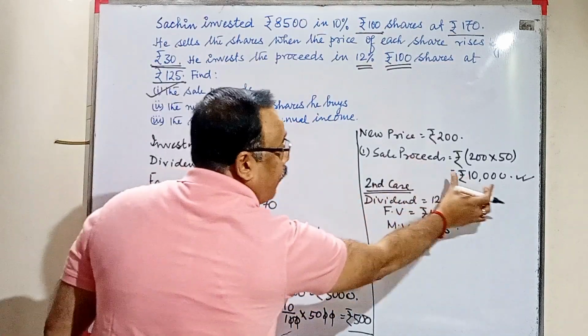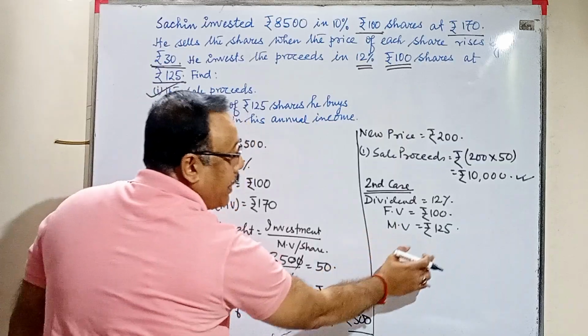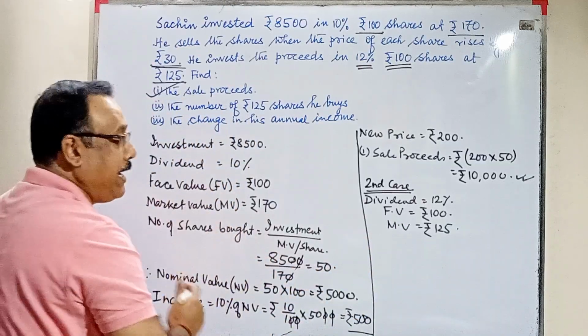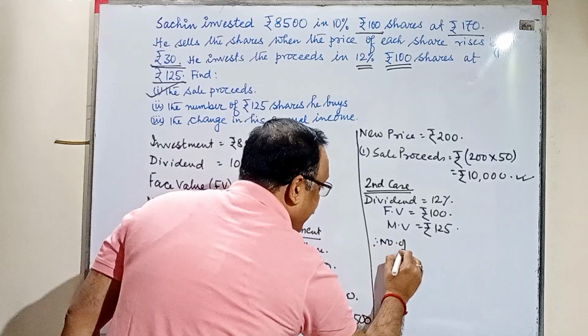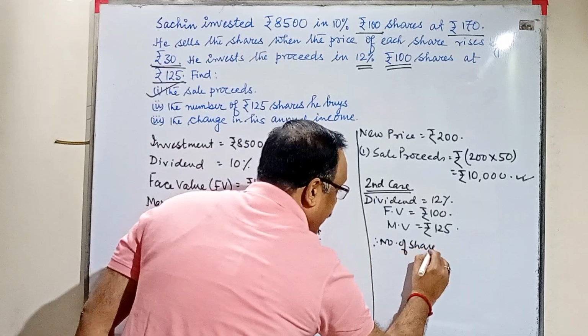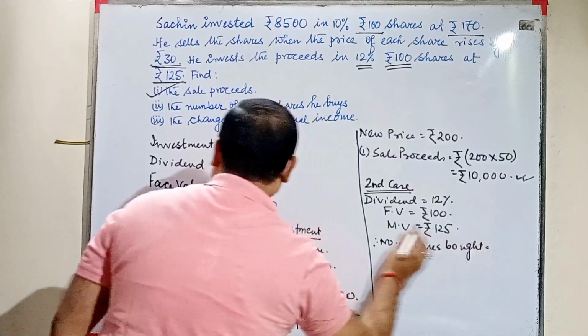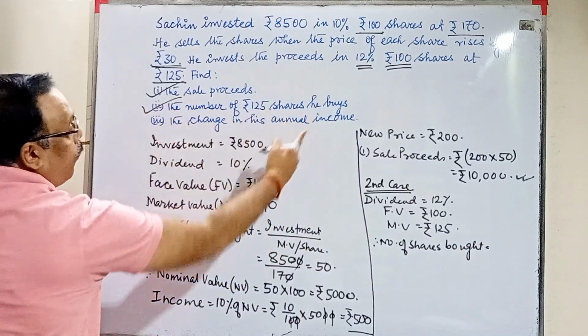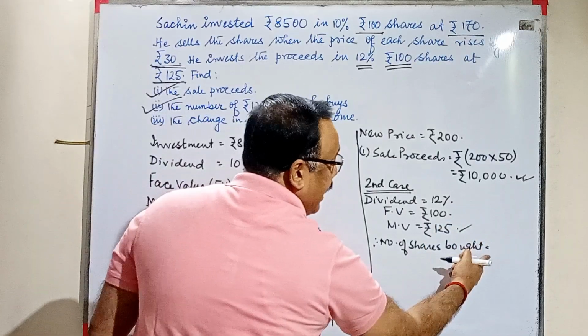So how much money does he have in hand? He has got 10,000 rupees in hand and the market value is 125. That is the price at which he can buy. So therefore, number of shares he can buy. Number of shares bought. This is the second part of the question. Number of 125 shares he buys, the price is 125, is equal to investment.